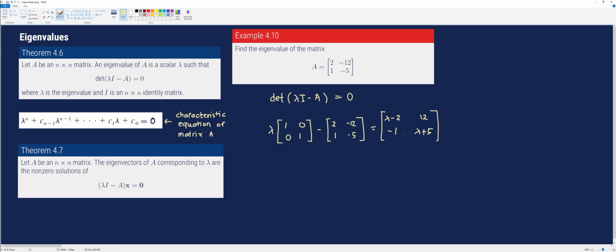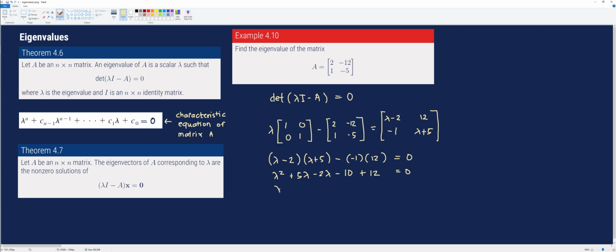Next, we get the determinant of this matrix, that is lambda minus 2 times lambda plus 5 minus negative 1 times 12. Then we equate this to 0. Then we simplify this, that is lambda squared. So we use FOIL to perform this operation: plus 5 lambda minus 2 lambda minus 10. And this one will become plus 12.